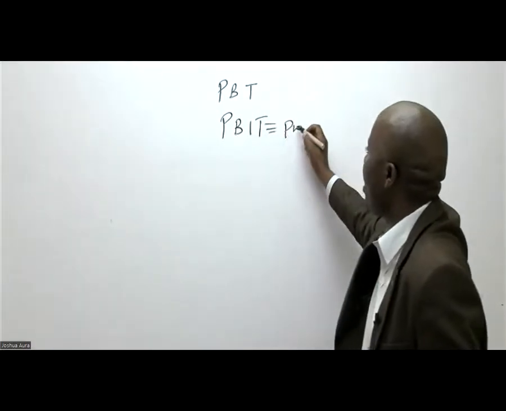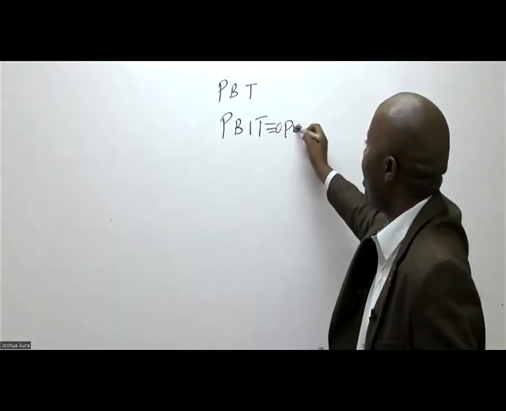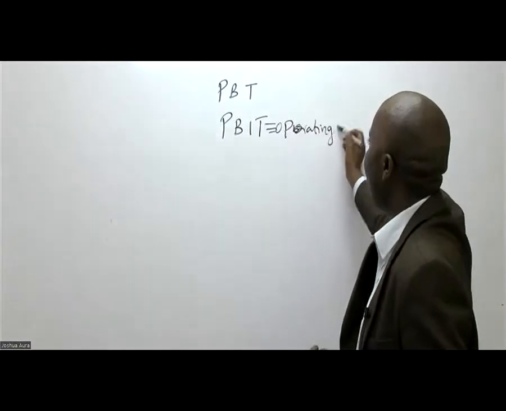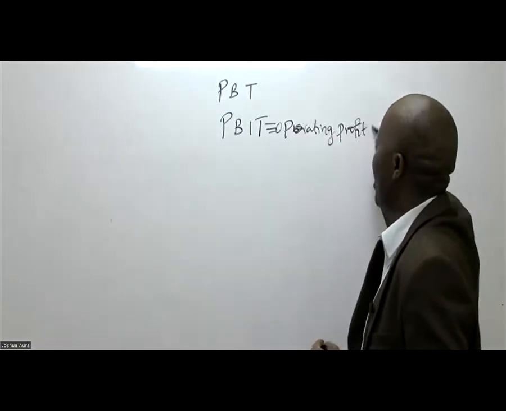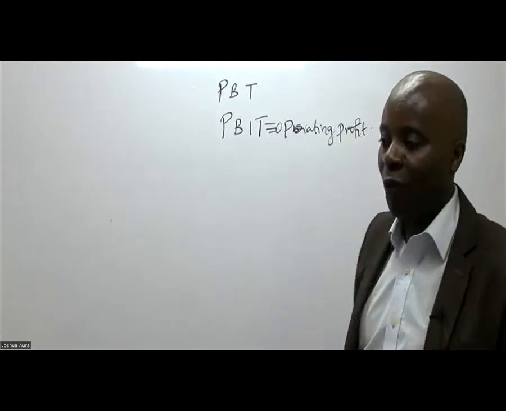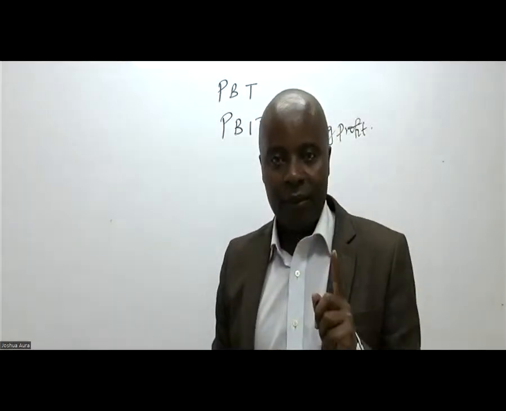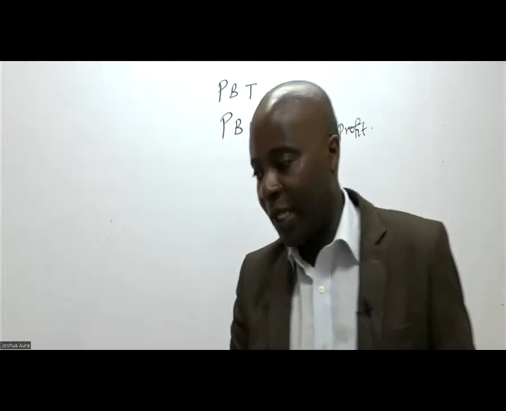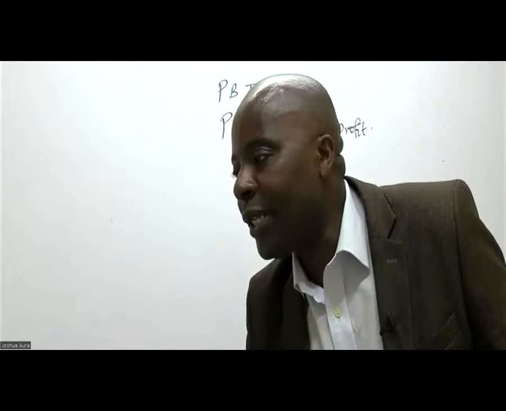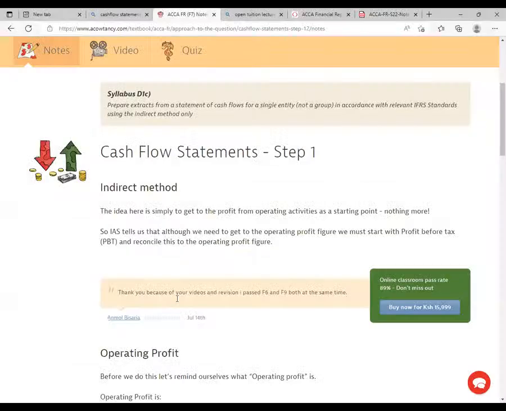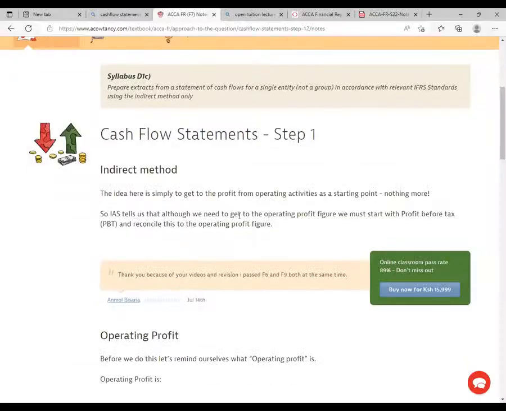This is what we are calling the operating profit. So whenever you talk of operating profit, this is PBIT. What have they told us? I'm repeating again. IAS tells us that although we need to get to the operating profit figure, we must start with profit before tax and reconcile this to the operating profit figure.